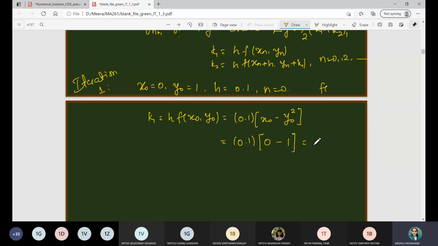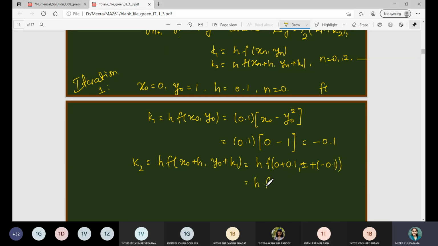So here you can say that k1 is minus 0.1, and k2 will be h f at x0 plus h, y0 plus k1. So it is h f at x0 plus h, that is 0 plus 0.1, comma, y0 is 1 plus k1, which is minus 0.1.